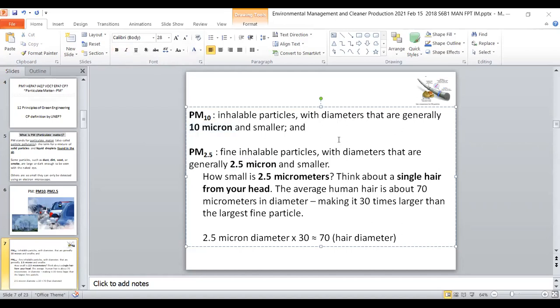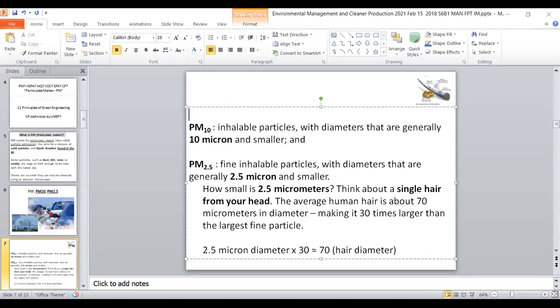You know that 1 micron means, if you take 1 meter and divide it by 1000, this is 1 millimeter.